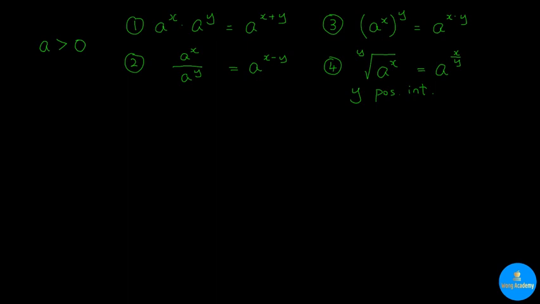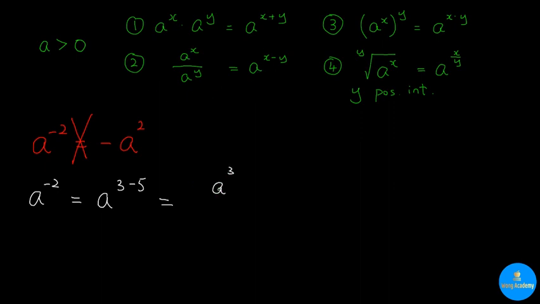Lastly, I'm going to use the exponent laws to clarify a common error that I see among students. Many people look at a to the power -2 and think that that is equal to negative of a squared. But it is completely wrong. a to the power negative 2 can be rewritten as, for example, a to the power 3 minus 5, because 3 minus 5 is negative 2. According to the second exponent law, we can rewrite it backwards as a to the power 3 over a to the power 5.